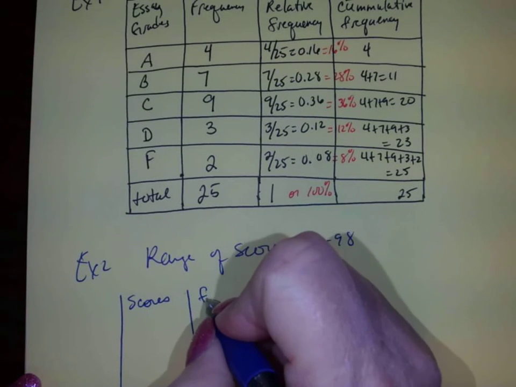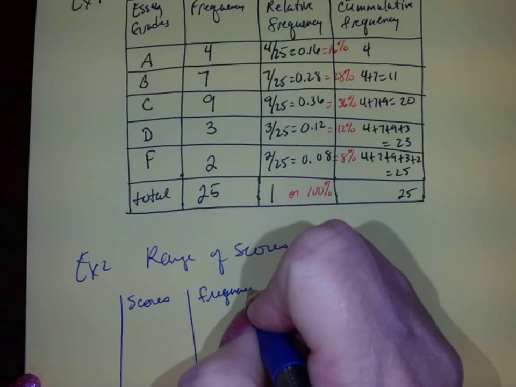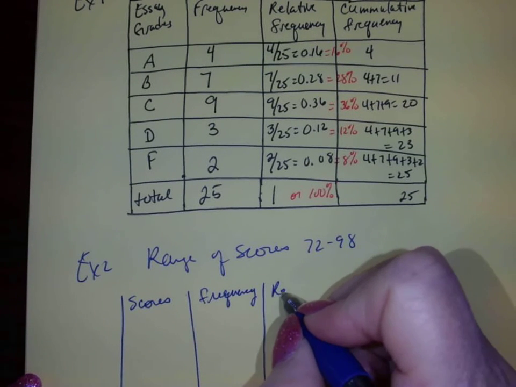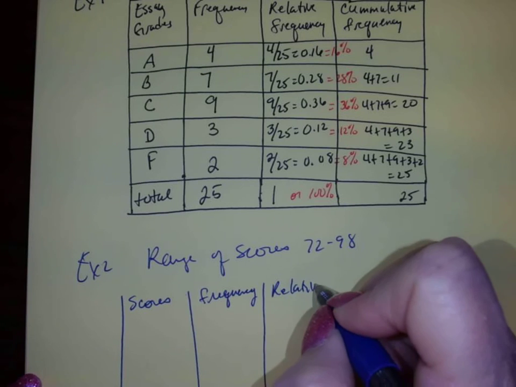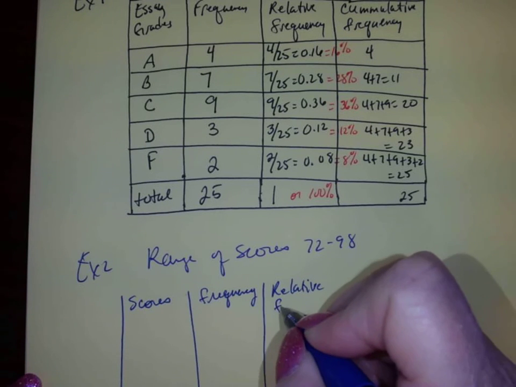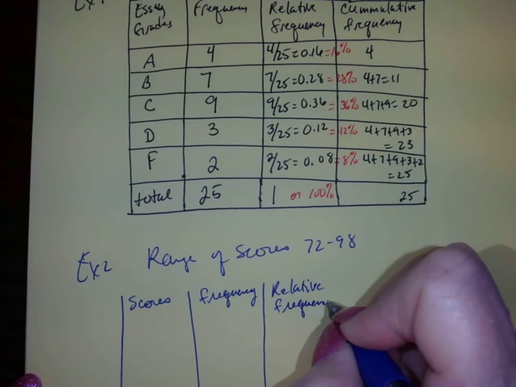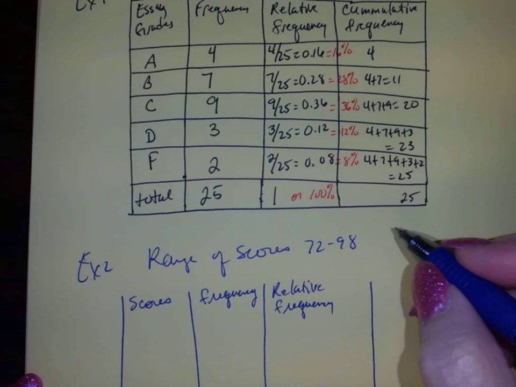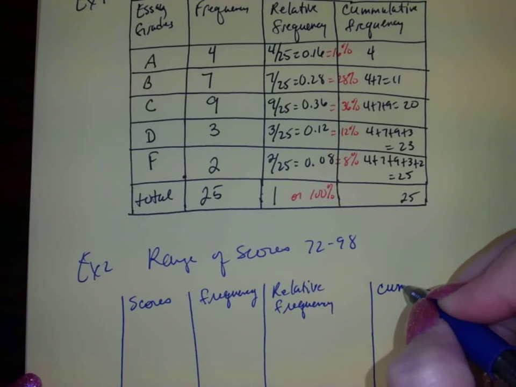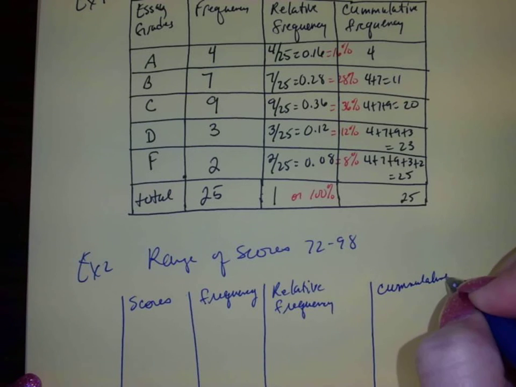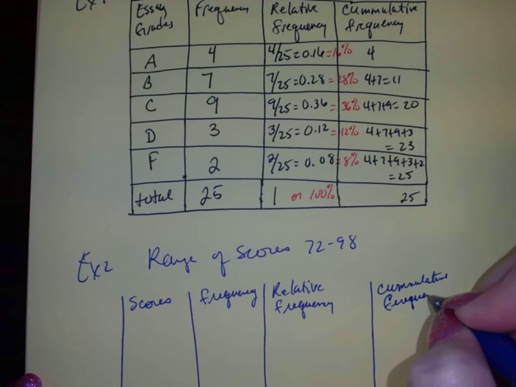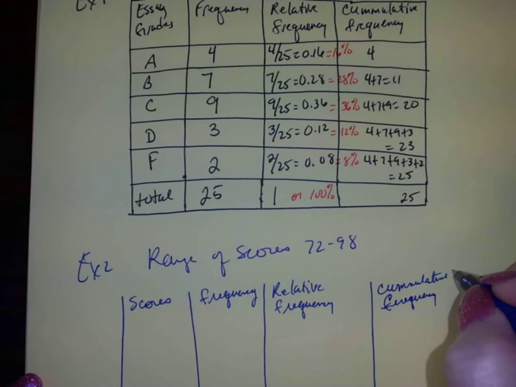And then we'll have our frequency, and then our relative frequency. But make sure I leave a little bit more space to write in that one. And our cumulative frequency.